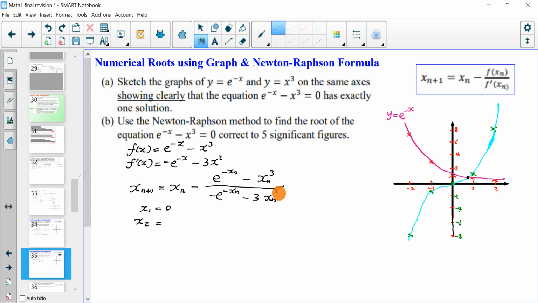Okay, so 0 minus e to the minus 0 minus 0 cubed over minus e to the minus 0 minus 3 times 0 squared. Okay, a lot of you might say this is silly. You have a bunch of zeros and you're writing the whole formula very meticulously.